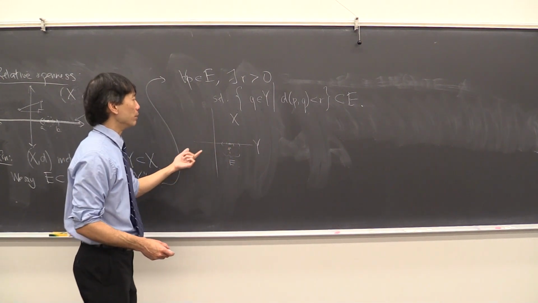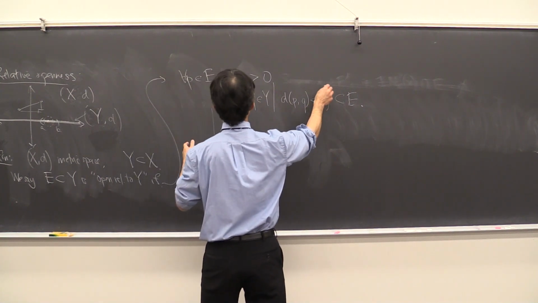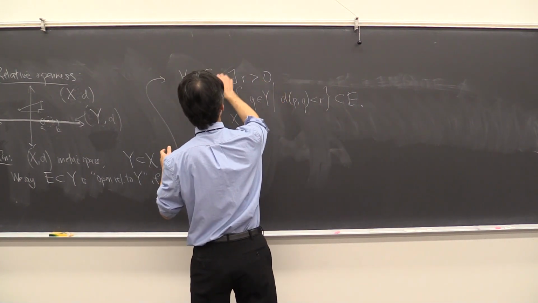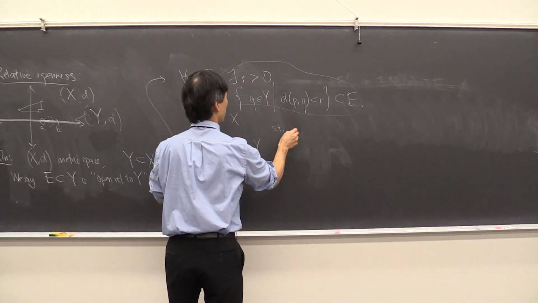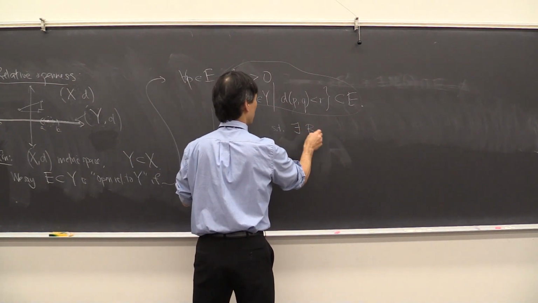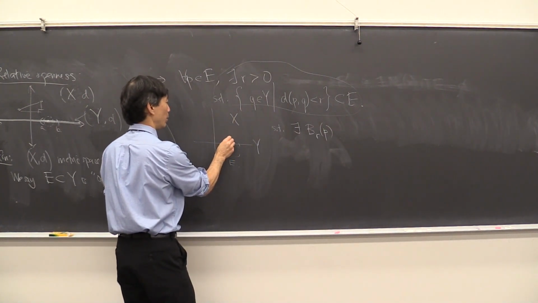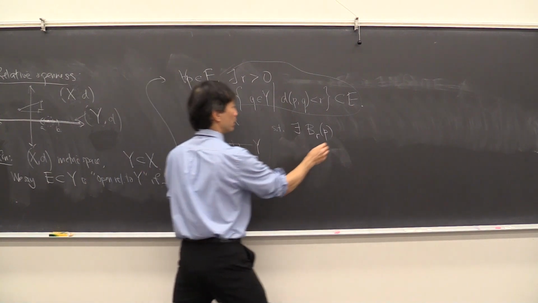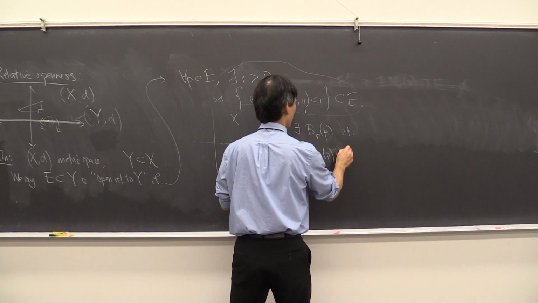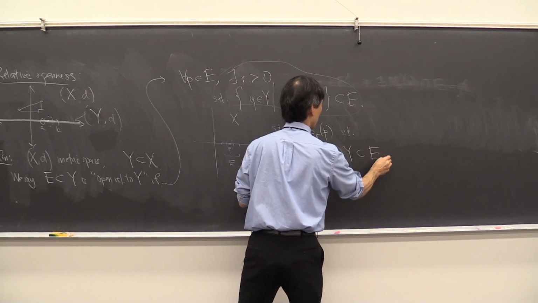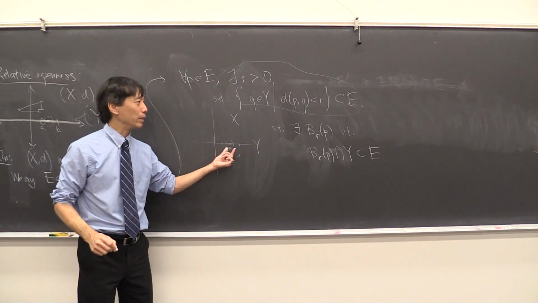I think it's clearer to say, instead, that there exists a ball around P such that the intersection of the ball with Y is contained in E. That's the same thing.